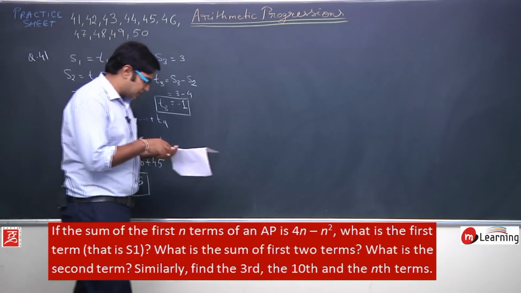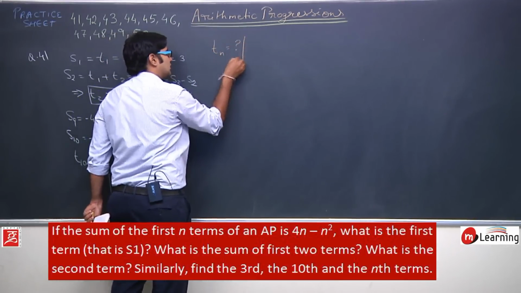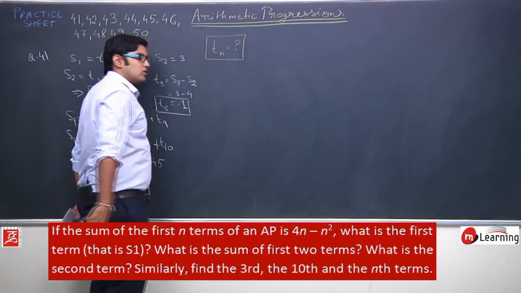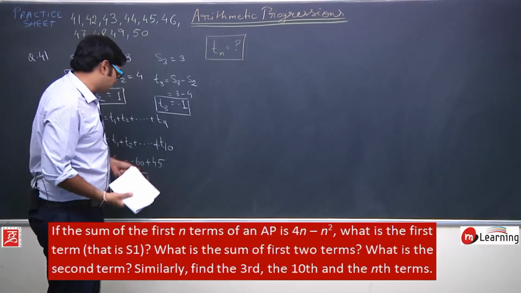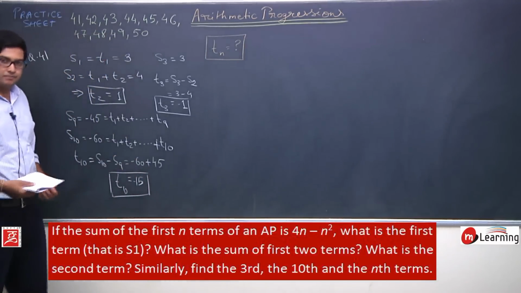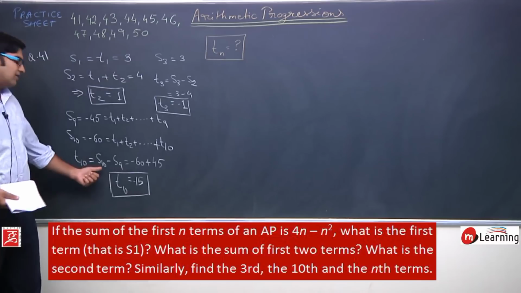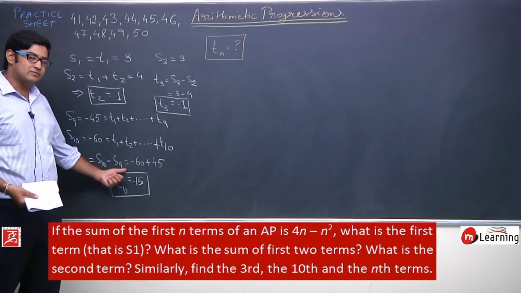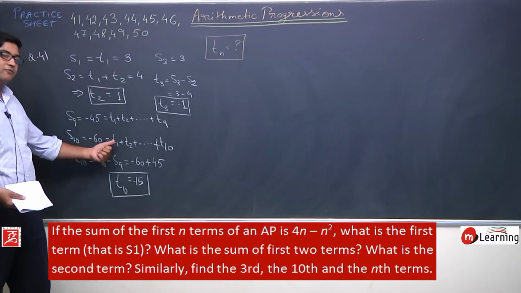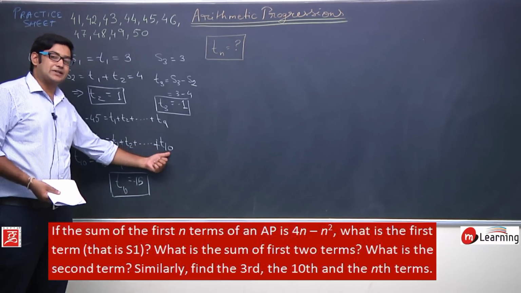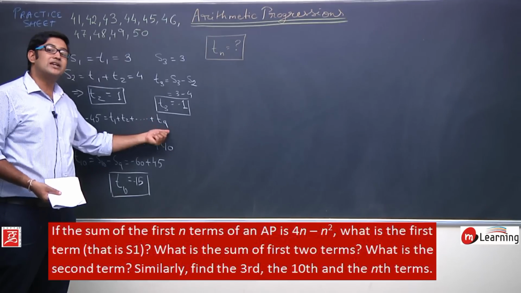Now our task is to determine Tn, that is the nth term. For determining the nth term we are going to use the same procedure that we used for the 10th term. How did we determine the 10th term? The 10th term is equal to the sum of 10 terms minus the sum of 9 terms, because S10 represents T1, T2, T3 up to T10, and the sum of 9 terms represents T1, T2, T3 up to T9.